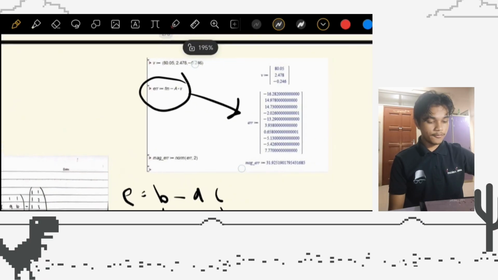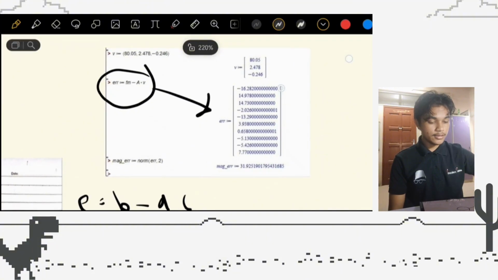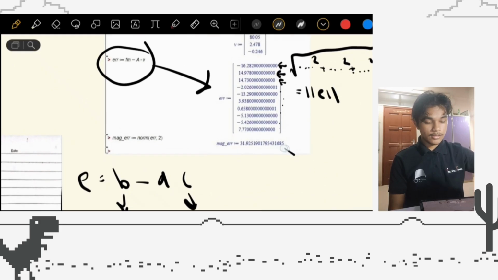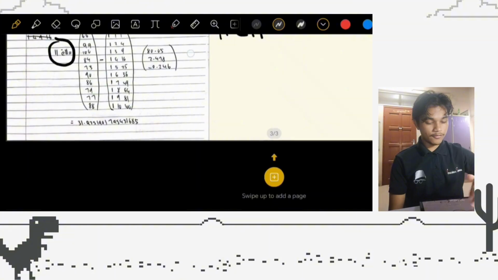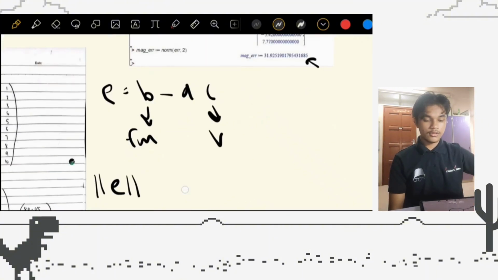So the formula of the magnitude of the error is, after we get the error vector, for each of these numbers, we need to square it and total all of it, and after that we need to square root it, and we will get the magnitude of the error. So this is the answer of the magnitude of the error, same as the manual calculation. So that's all.